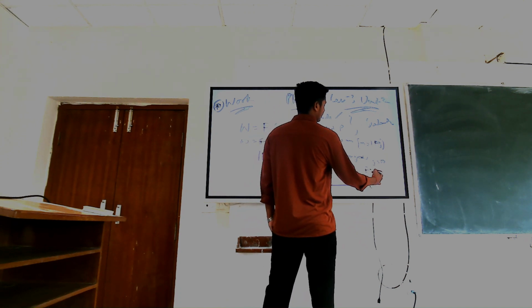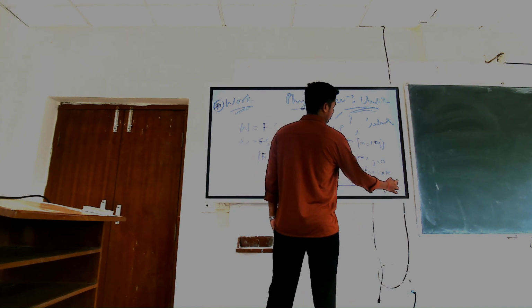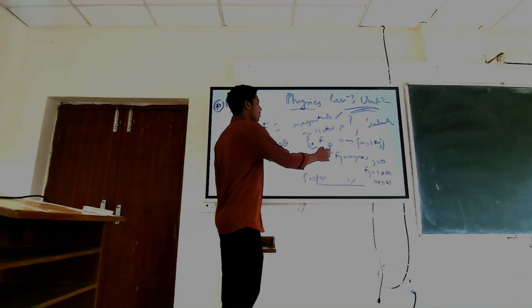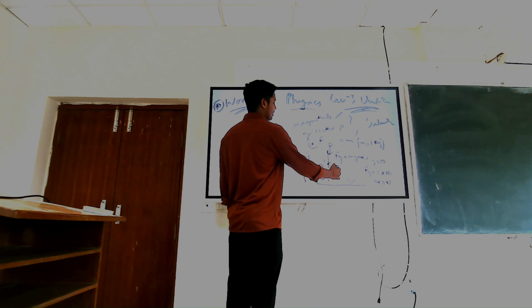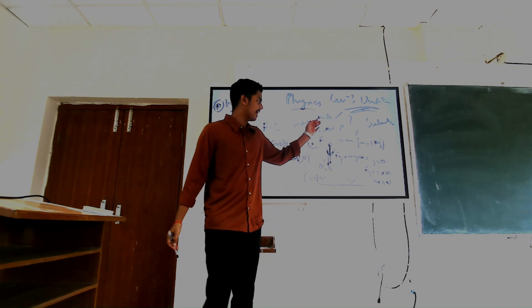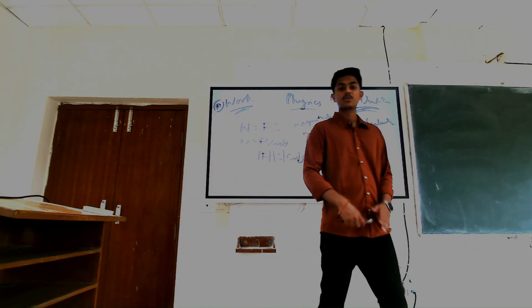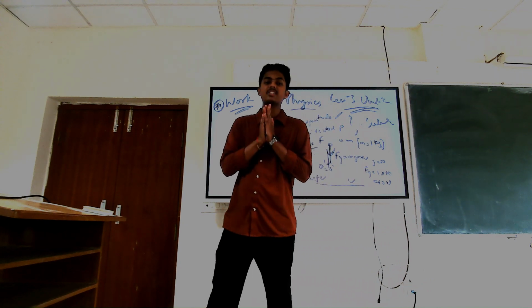The force acting on that body is mass into acceleration, which is 10 Newton. It acts in the downward direction, and the object's motion is also downward. So theta here is 0 degrees. The force and the direction in which the object is moving are aligned, so the angle between them is 0.